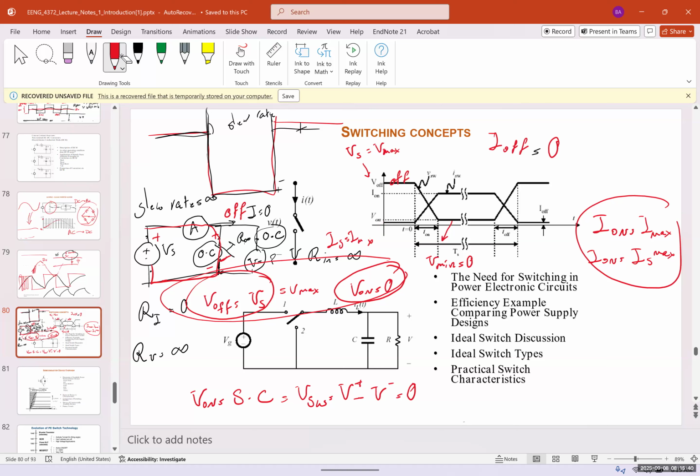Oh, I did the voltage the other way. I'm sorry, let me erase it. So this is, again, this red one, let me do it with a different color. So the red one is our current, and the current when the system is off, it's going to be maximum. This is I off. And when it's on, this is I on.